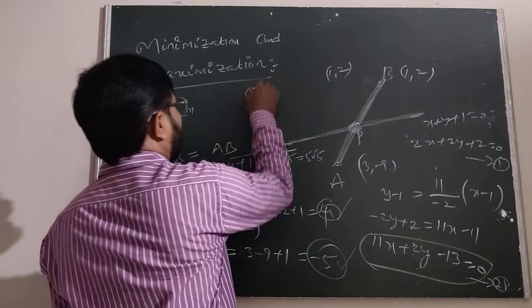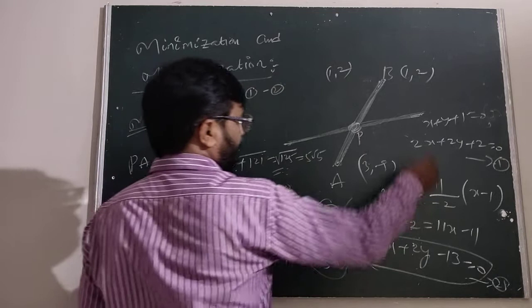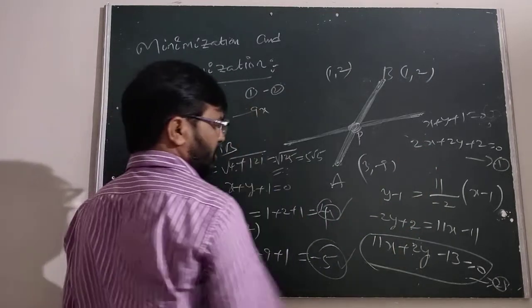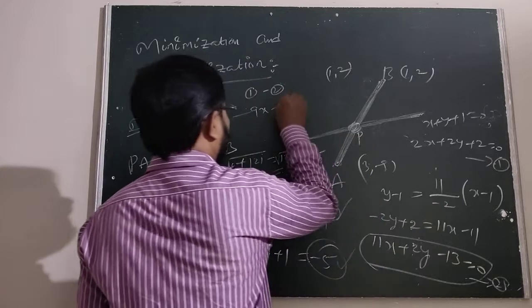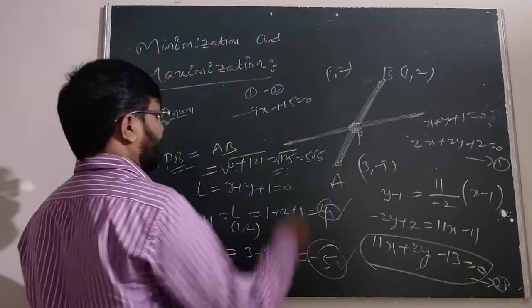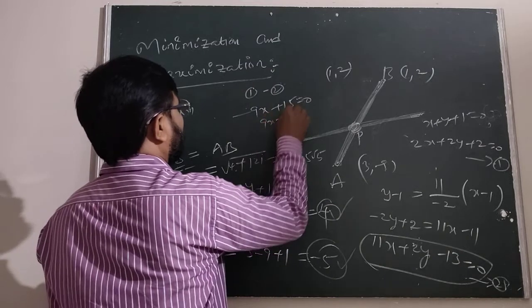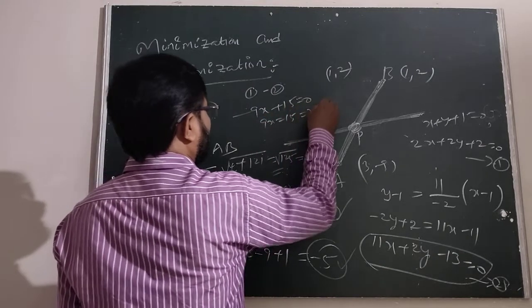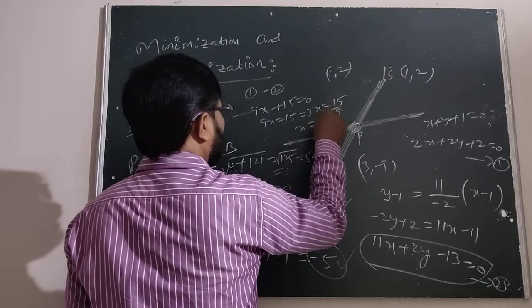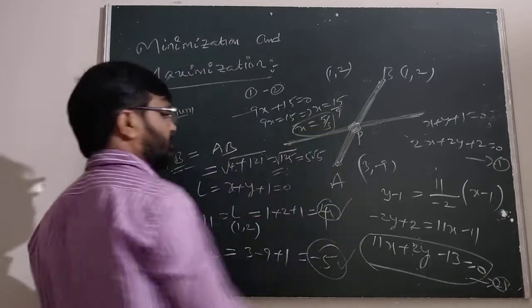When we take 1 minus 2, that implies 2x minus 11x is the minus of 9x. 2y cancels. Now this is the plus 15. Plus 2 minus of minus plus 13. Now the 9x equal to 15. Then the x will be 15 by 9. X equal to 5 by 3. This is the value of x.